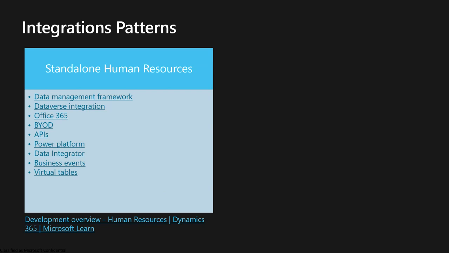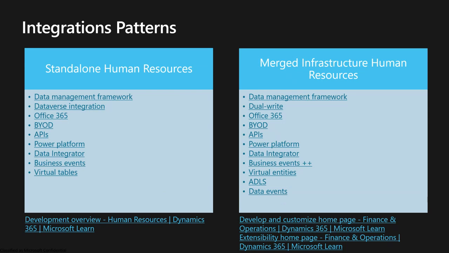From the integration pattern perspective, there is not much change between the standalone human resources and merged infrastructure human resources. Most of the patterns in standalone HR can be used in the merged infrastructure as well, or have been enhanced in the merged infrastructure.